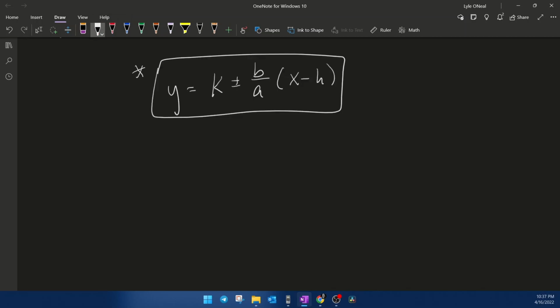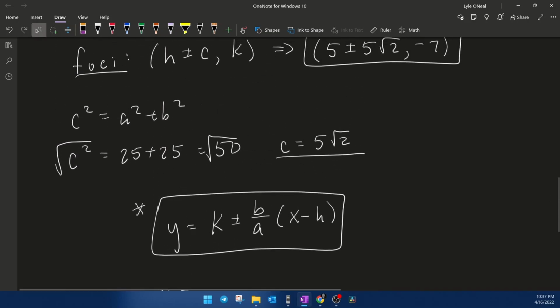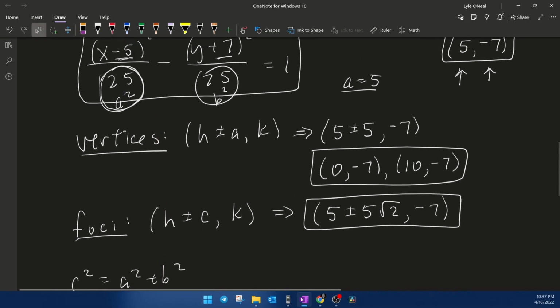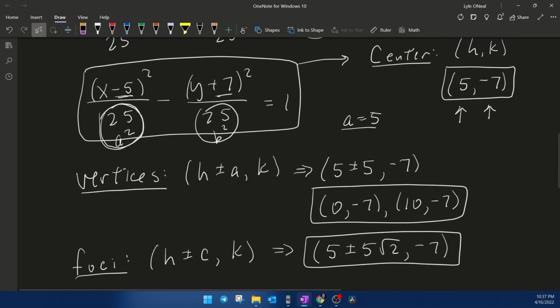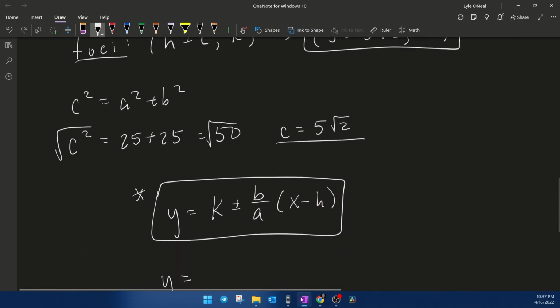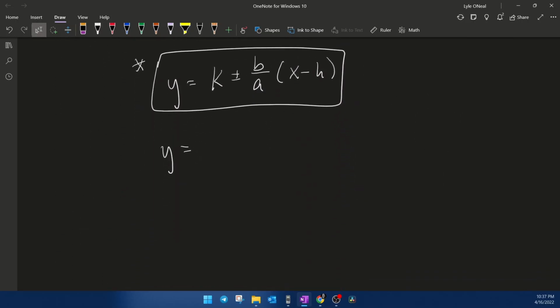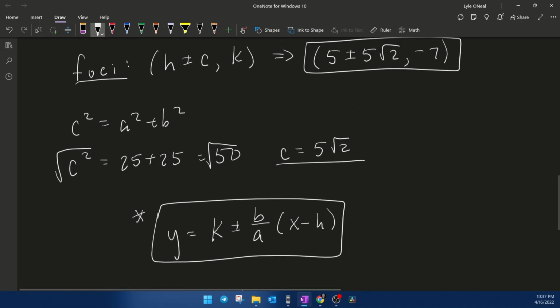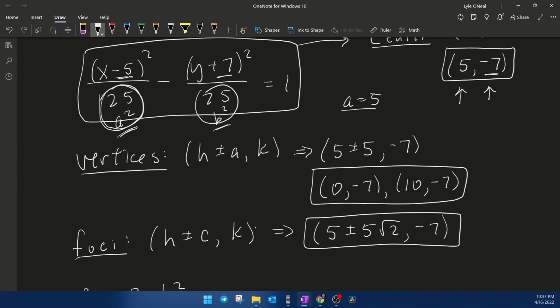So with the formula copied down, we're going to have y equals k. And if we scroll back up, remember that k was negative 7. So that's going to be negative 7 plus or minus b over a. Now a squared and b squared were identical, so taking the square root of 25 is going to give us a 5.